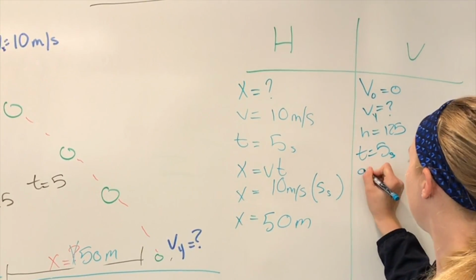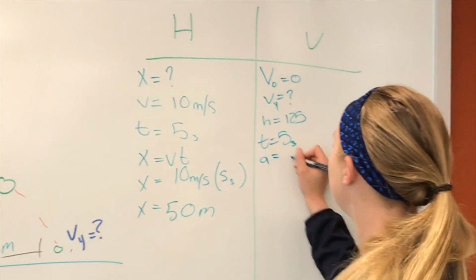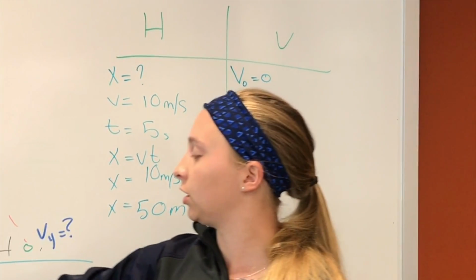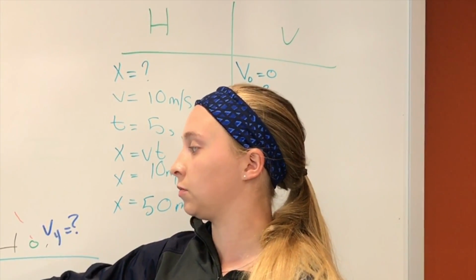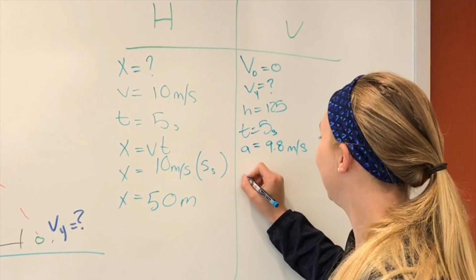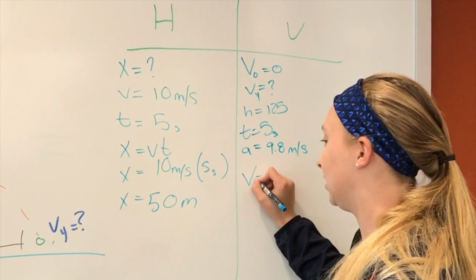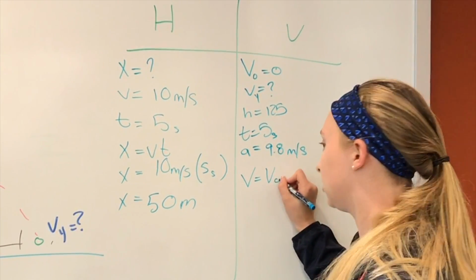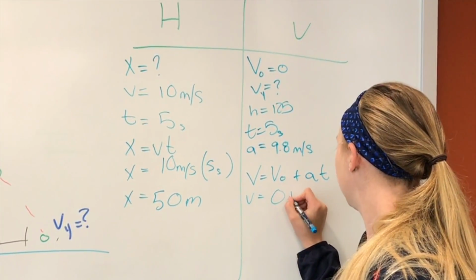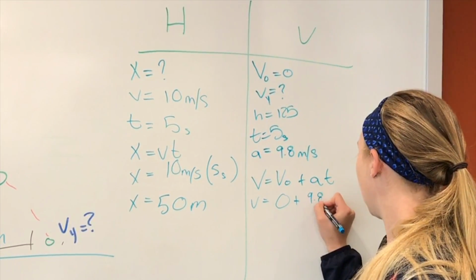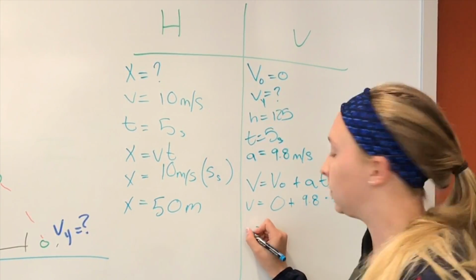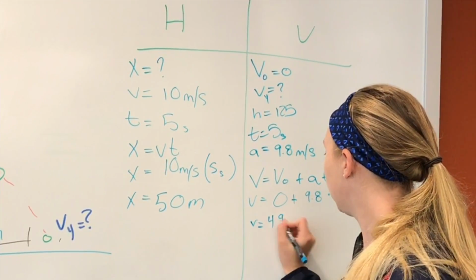And we have our acceleration, which, because it's being pulled down by gravity, is 9.8 meters a second squared. For this equation, we're going to use v equals v initial plus at. So v equals 0 plus 9.8 times 5 seconds, which comes out to be 49.